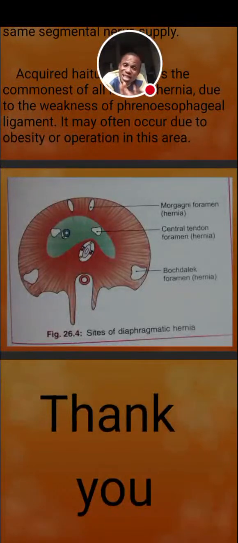What does it mean? CIAS stands for concave in its inferior abdominal surface. So the diaphragm is concave in shape in its inferior abdominal surface. I'm going to take that again slowly.